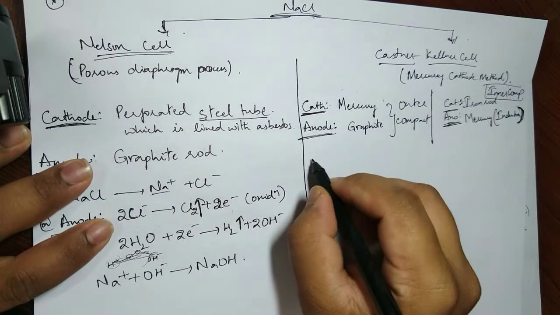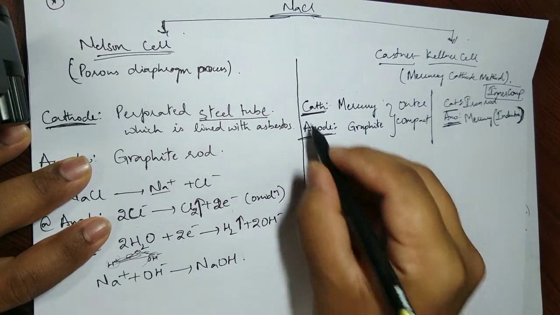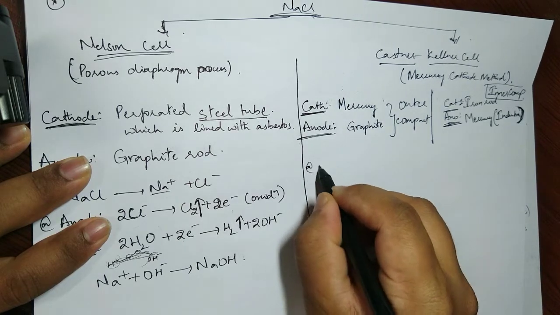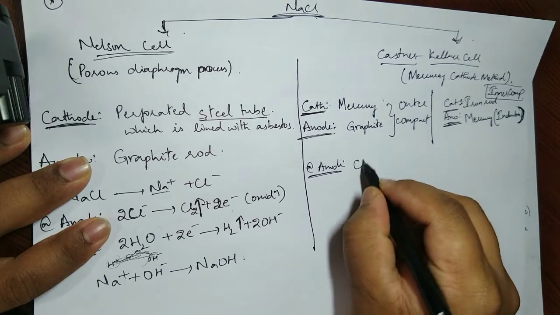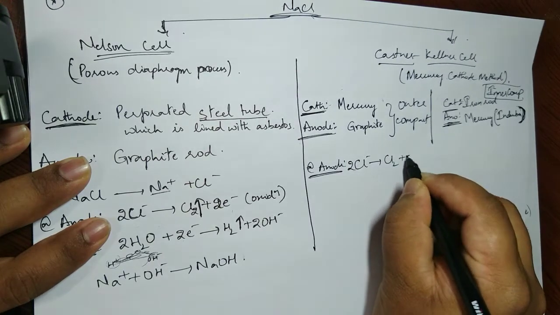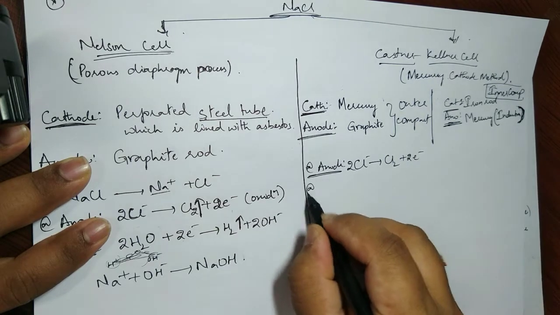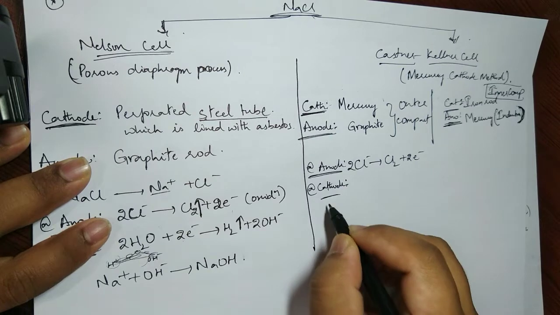As far as reactions are concerned, at the anode, the chloride, as usual, 2Cl⁻ forms Cl2 gas plus 2 electrons. And at the cathode, pay attention, what will happen?